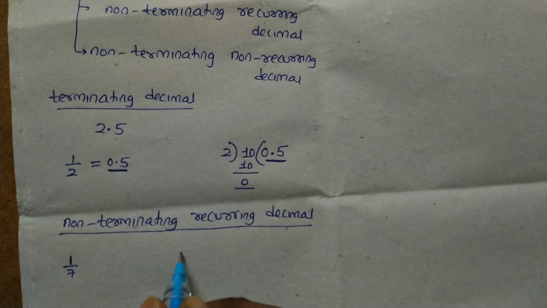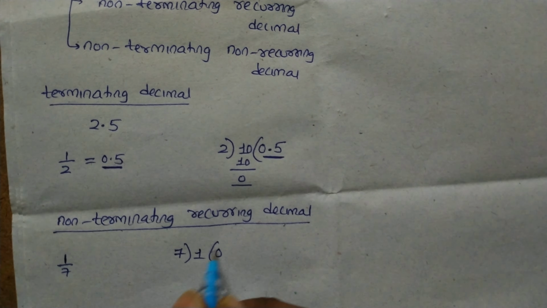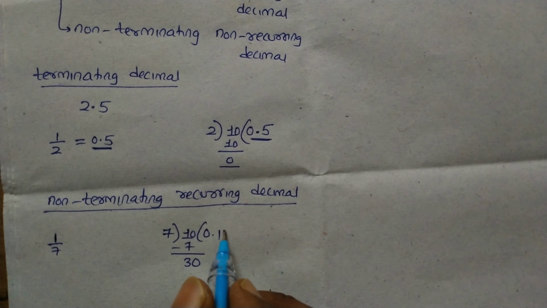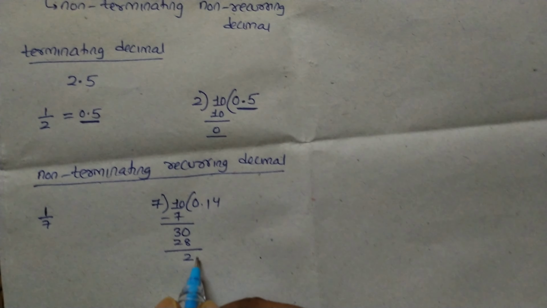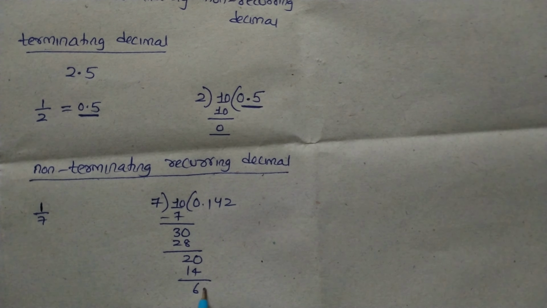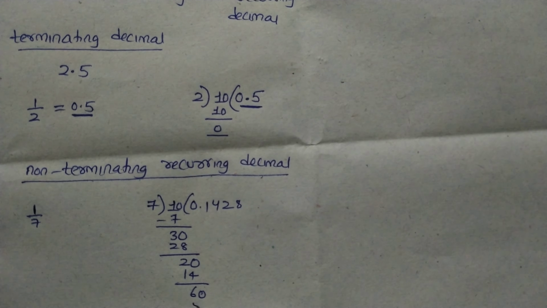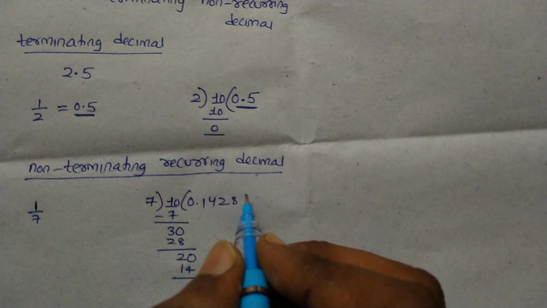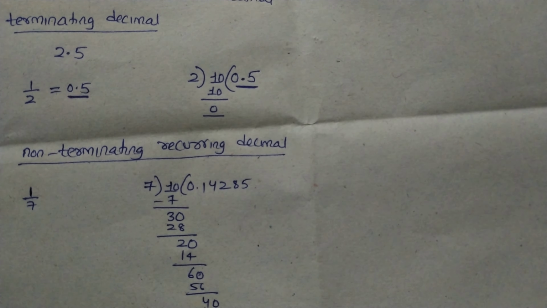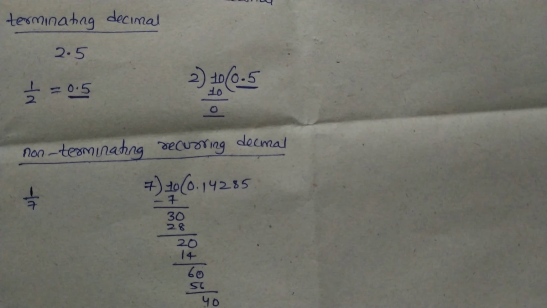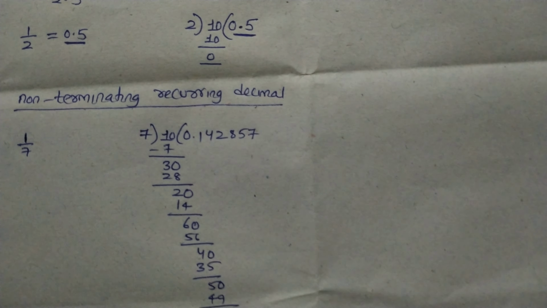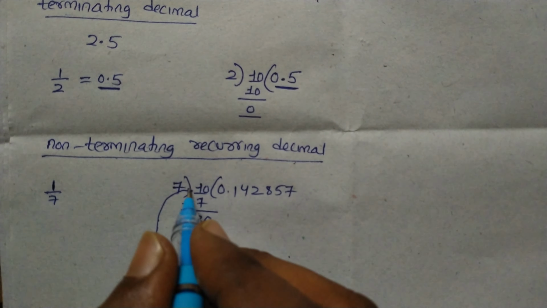If you divide 1 by 7, you will put 0 here, right? 7 ones are 7, you will get 3, 30, again 7 fours are 28, again you will get 2, 20, again 7 twos are 14, again you get 6, 60, 7 eights are 56, again you get 4, 40, 7 5s are 35, again you get 5, 50, 7 sevens are 49, again you get 1, that means 10.